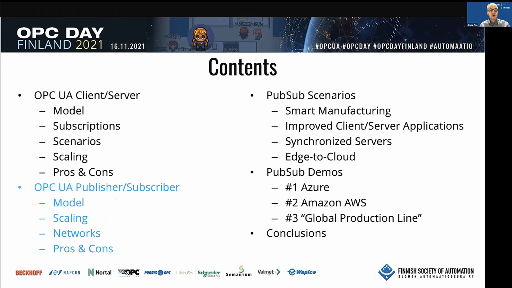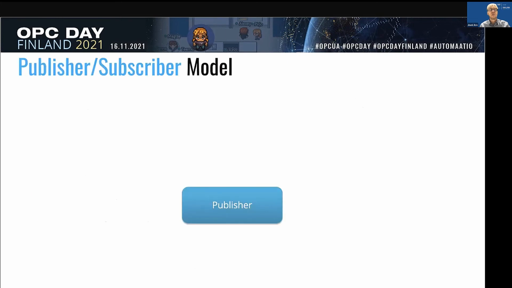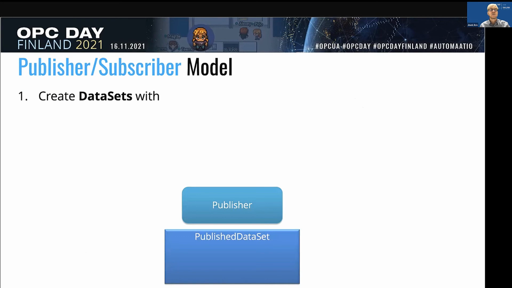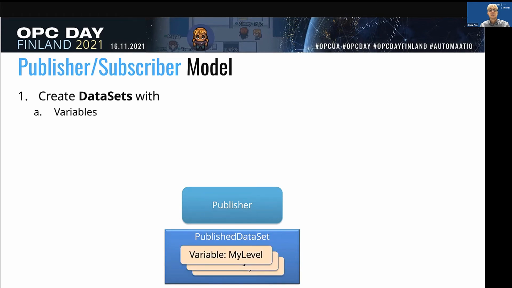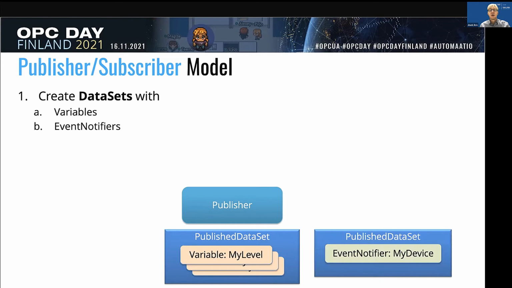Okay, so next part, the publisher subscriber model. How does it differ? The idea here is that we start talking about different components. We talk about the publisher. In the publisher model, you can create data sets with variables or event notifiers.